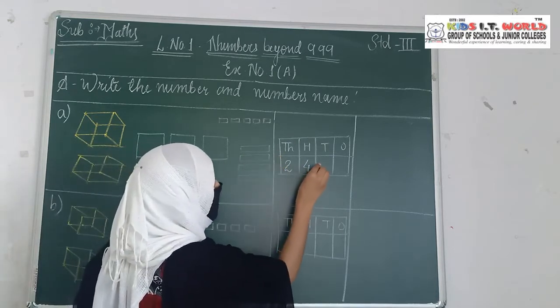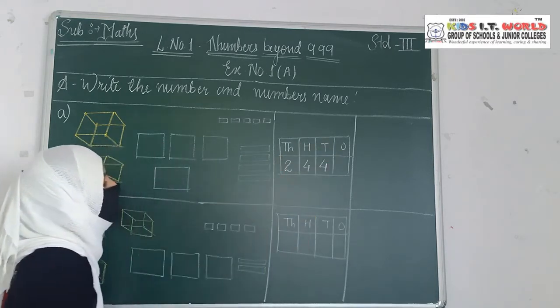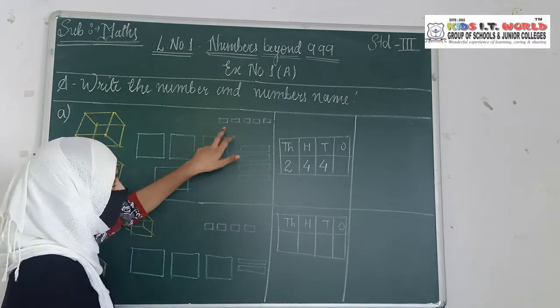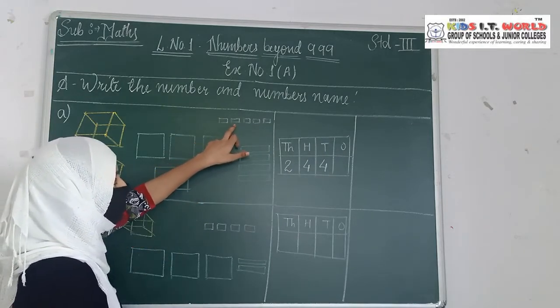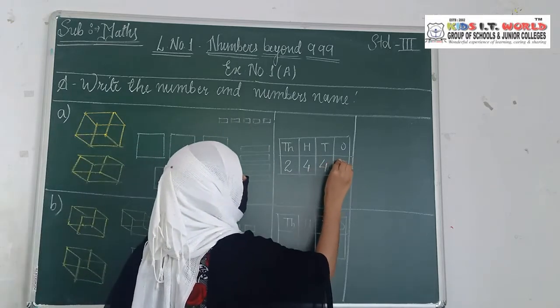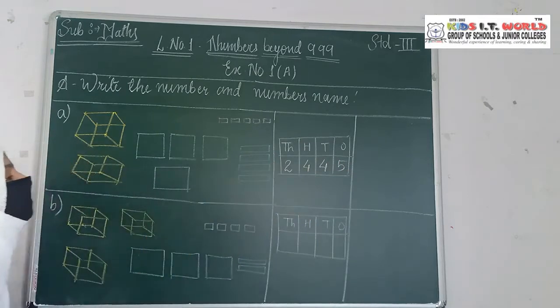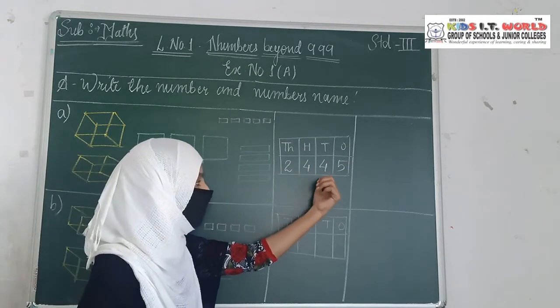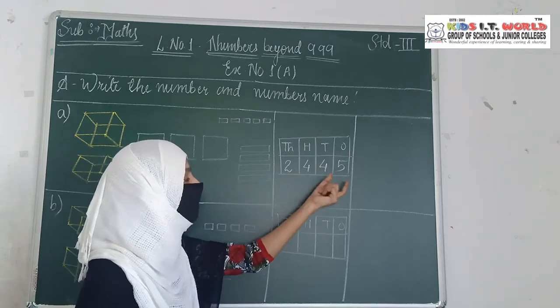So on the tens place it is 4. Now on the ones, how many small rectangles are there? Count it: 1, 2, 3, 4, 5. So what value did we get from this diagram? 2445.